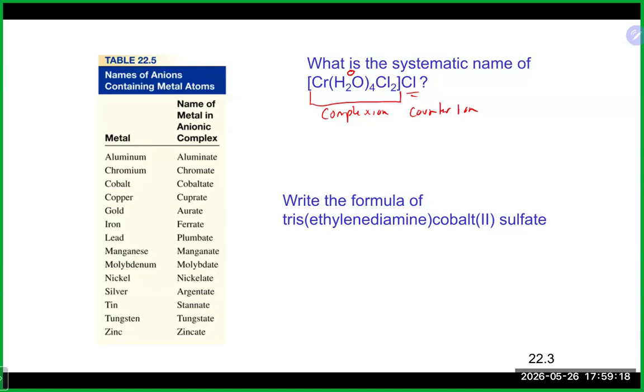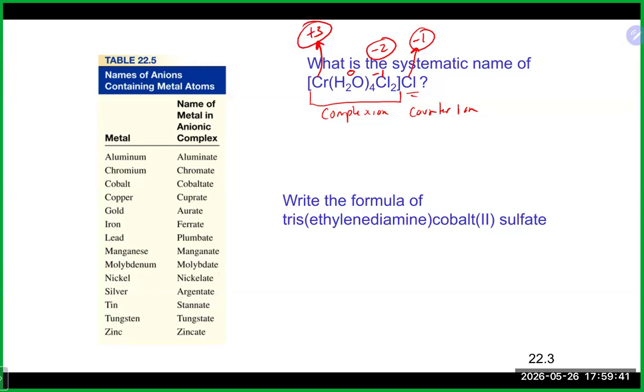The Cl's inside the complex ion are each -1, and there's 2 of them, which would give us -2 overall. On the outside, we have 1 chloride, which would also be -1. So altogether we have a -3 going on, so the chromium here would have to be +3 in this particular case.